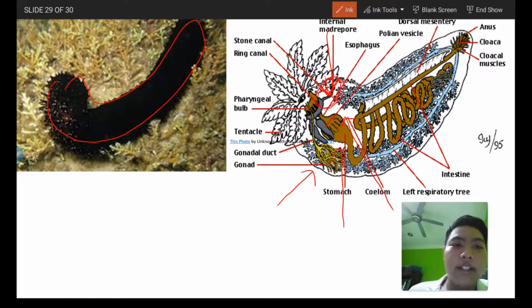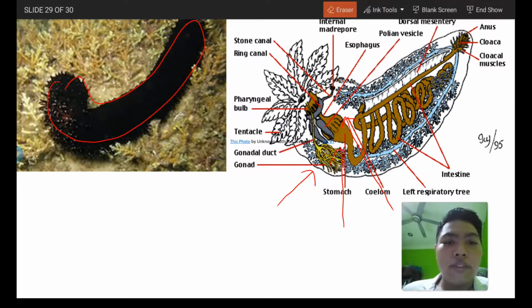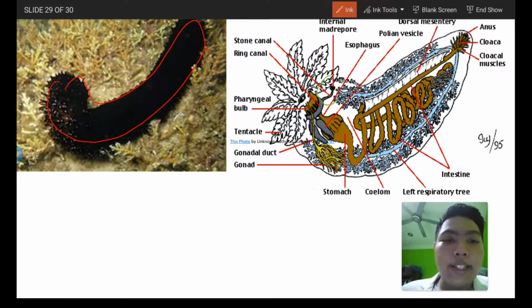They are here. Okay, sorry, let me use another color. The arrow in the picture is already red. Okay, so this is the madreporite. This is the ring canal.